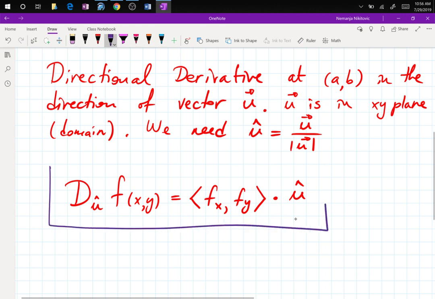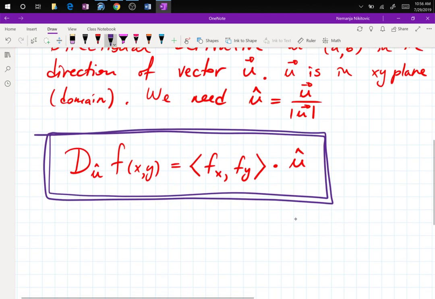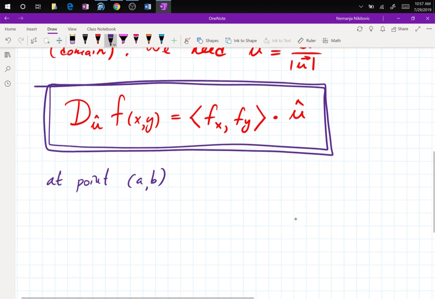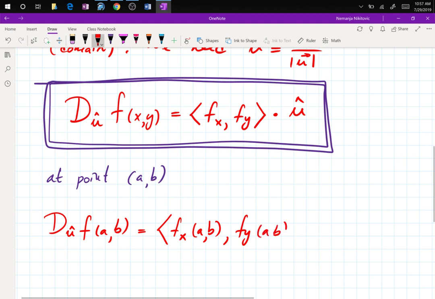So this is your formula. Then at point A, B, our directional derivative is going to be the partial derivative in x computed at A, B, comma, partial derivative in y computed at A, B, dotted with the unit vector u1, u2.